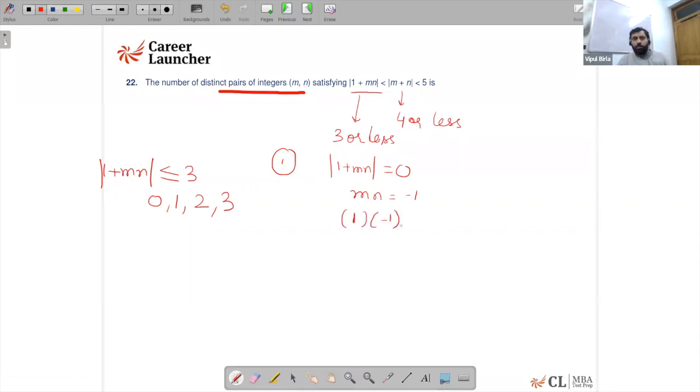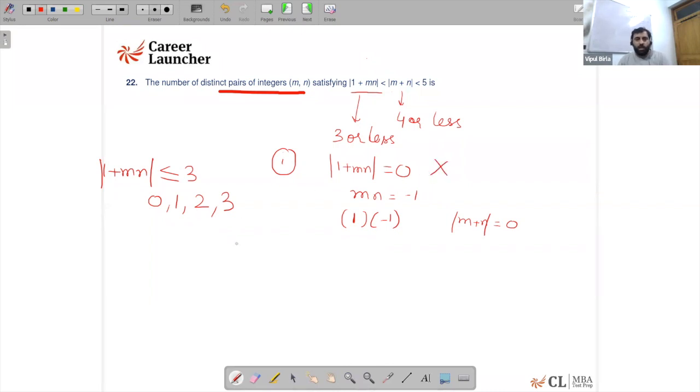That's the only possibility, either way, m and n being 1 and -1 or vice versa. So in this case, m plus n will surely be equal to 0. Now, since mod of m plus n is 0, which is not possible because I want the value of m plus n to be greater than this. Therefore, the first case of 0 is not possible.